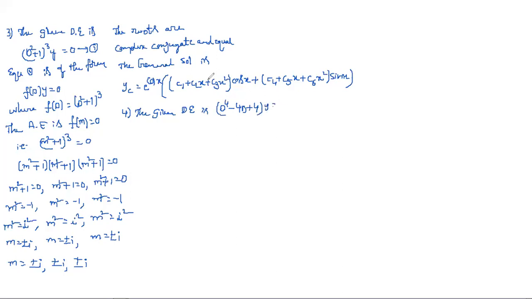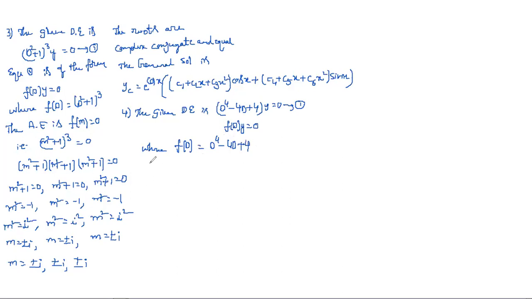This is also a simple one, we will get it easily. Let it be taken as equation 1. It is of the form f of D into y is equal to 0, where f of D is equal to D power 4 minus 4D plus 4.